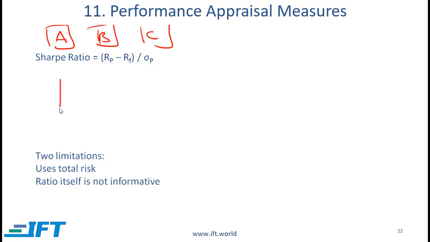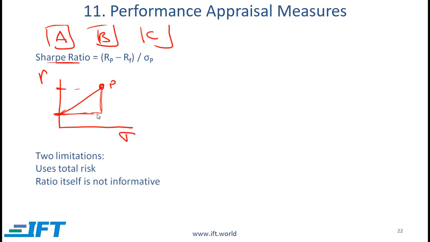We can connect this with the capital allocation line where we have the return on the y-axis and risk on the x-axis. If we have a given portfolio P, then this Sharpe ratio is actually the slope of the capital allocation line. You can notice that this would be the return of the portfolio. This is the risk-free rate.